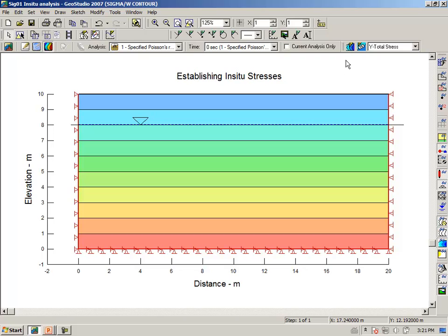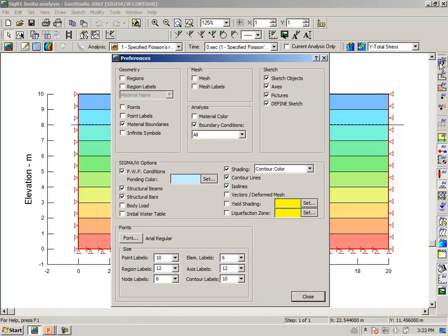By default, we are contouring Y total stresses. We can apply some contour labels. If the font is too small for the labels for the contours, we can increase the font size for the labels.